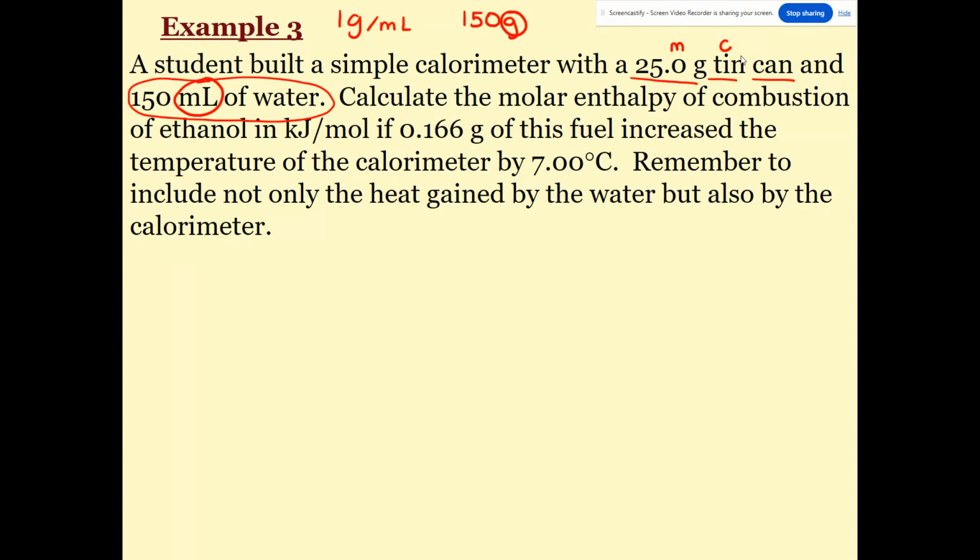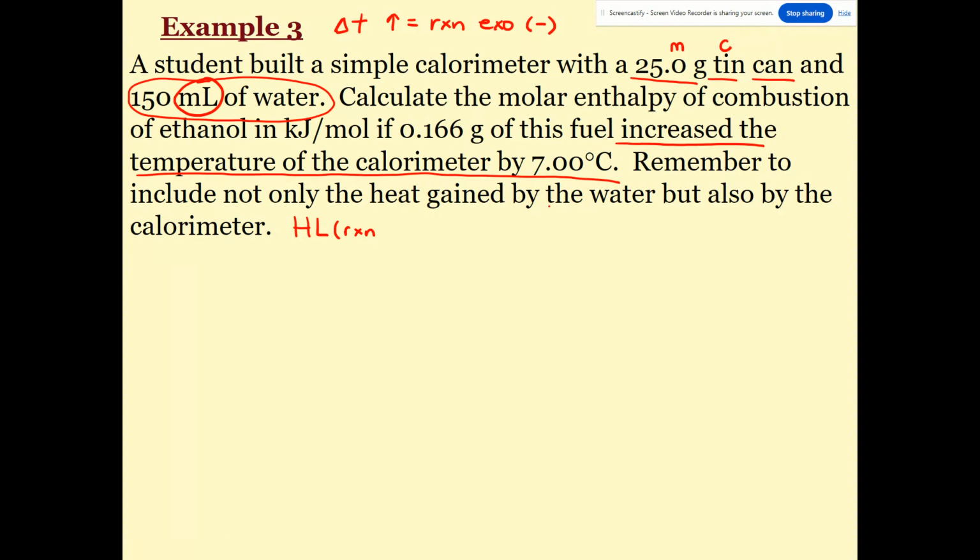So this is a question where my heat is being lost by a reaction, because it says the temperature of the water or the calorimeter, the whole system, is increasing by 7 degrees Celsius. This means that the temperature of my water and my can is increasing, so the reaction must have been exothermic. So I'm going to need a negative in front of my answer.